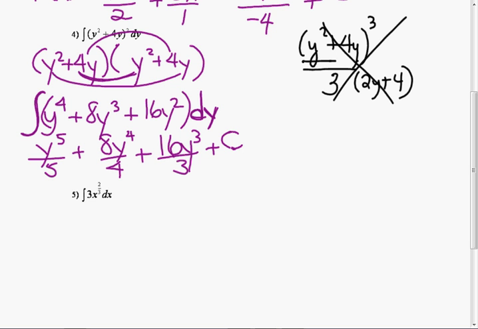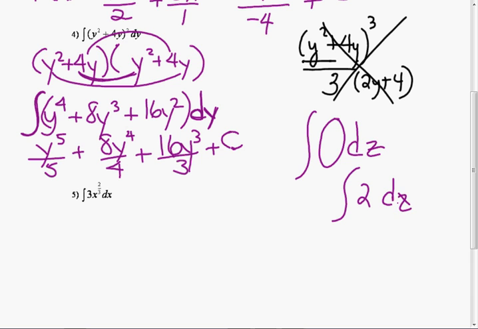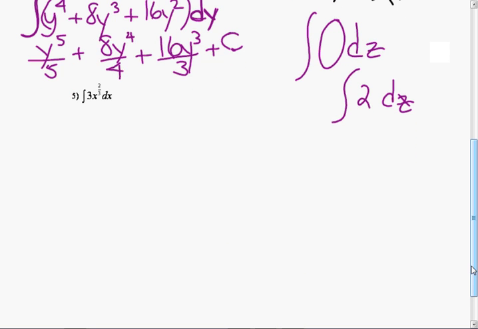This symbol with the dx, dy, dz, it doesn't matter what it is. Find the antiderivative of whatever that is with respect to z. So if I had a 2 dz, what would that answer be? It's 2z. This just identifies your variable.